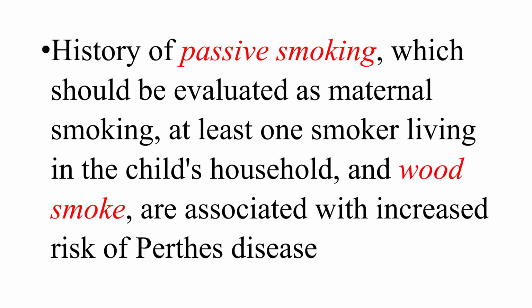Even if you light up and smoke comes out, this would lead to a higher incidence of avascular necrosis in these children, which was concluded by several studies in families.